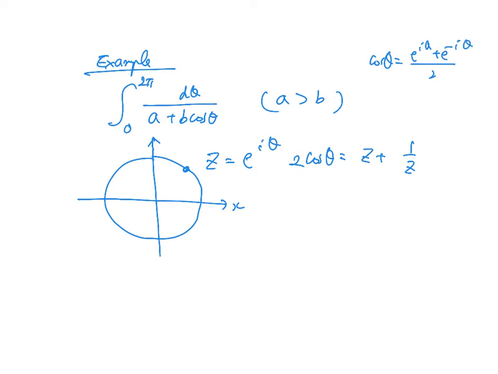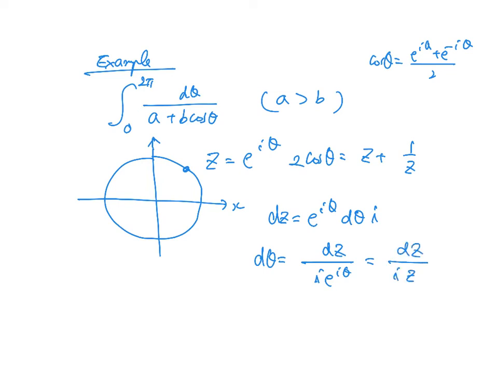So exponential minus i theta can be considered as 1 over z. And dz is i exponential i theta d theta. So d theta can be considered as dz over (i exponential i theta), and this is dz over i z.